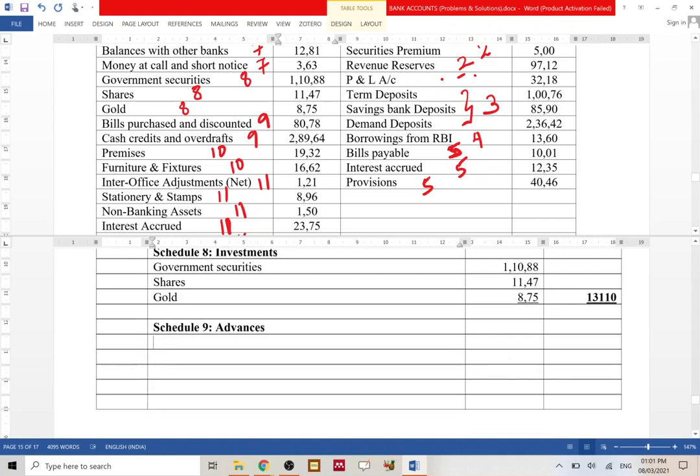Under advances we have bills purchased and discounted over here, and we have cash credits and overdraft over here.